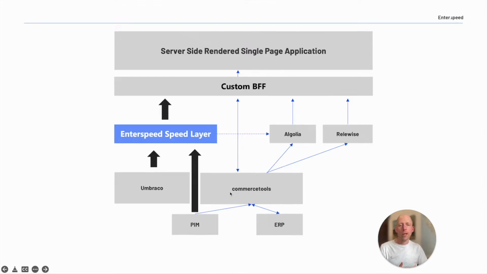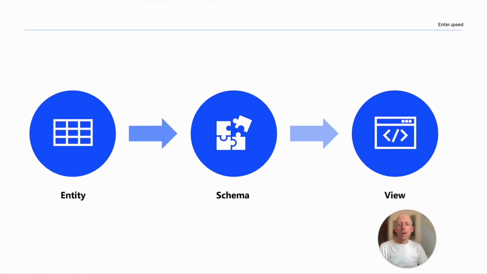And here we see a client that we have that is working with commercetools and Realize and Algolia as their stack, using Enterspeed for the static data and serving that to the front end.